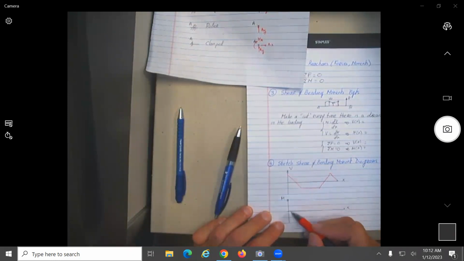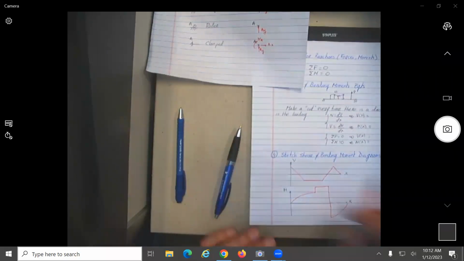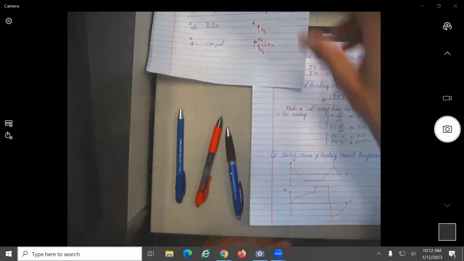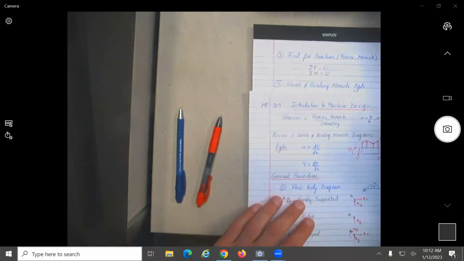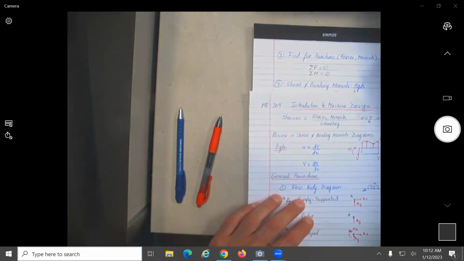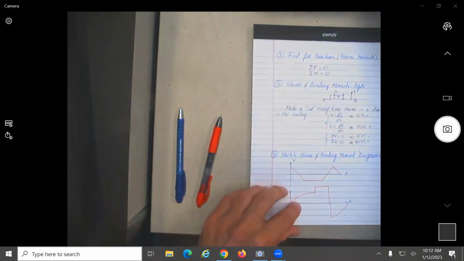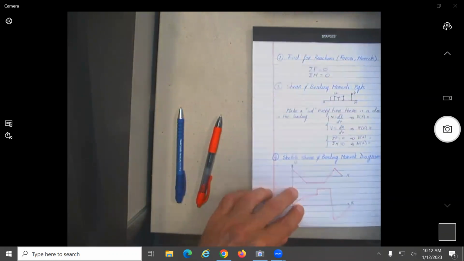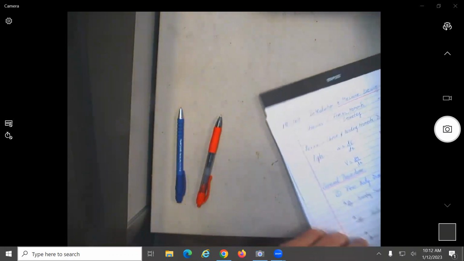This one generally will be, I have no idea how it will be, but let's say some type of figure like that, okay? All right, so let's do the example.